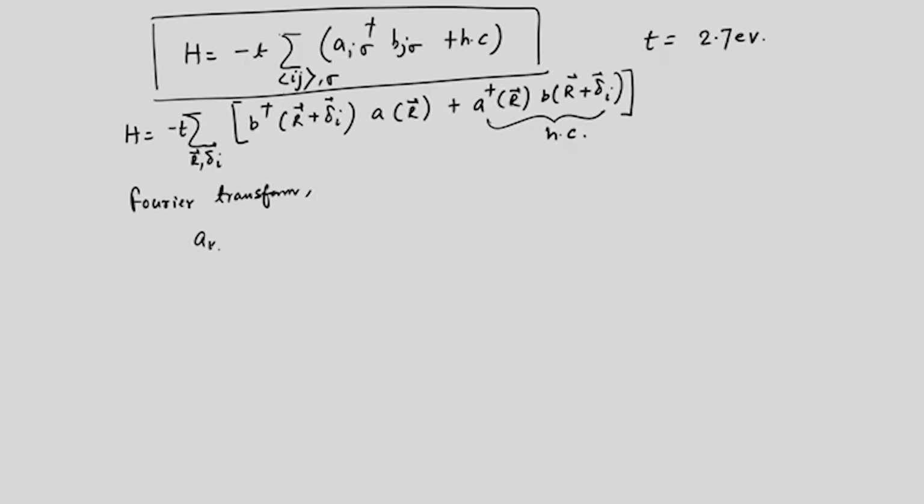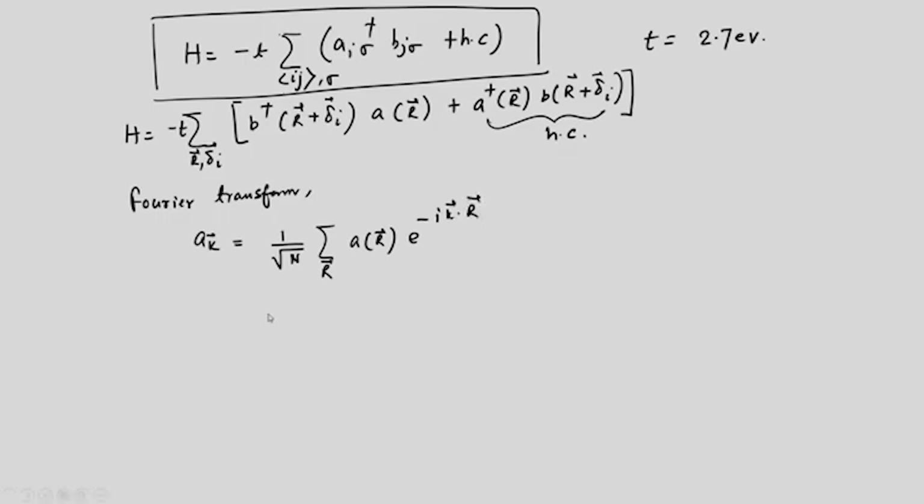So, a_k is equal to, now these are all vectors. Sometimes I would not write them as vectors, but they are all vectors. So, this is a of R. This k is a vector, R is a vector, and e to the power minus i k dot R. And you have a sum over R.